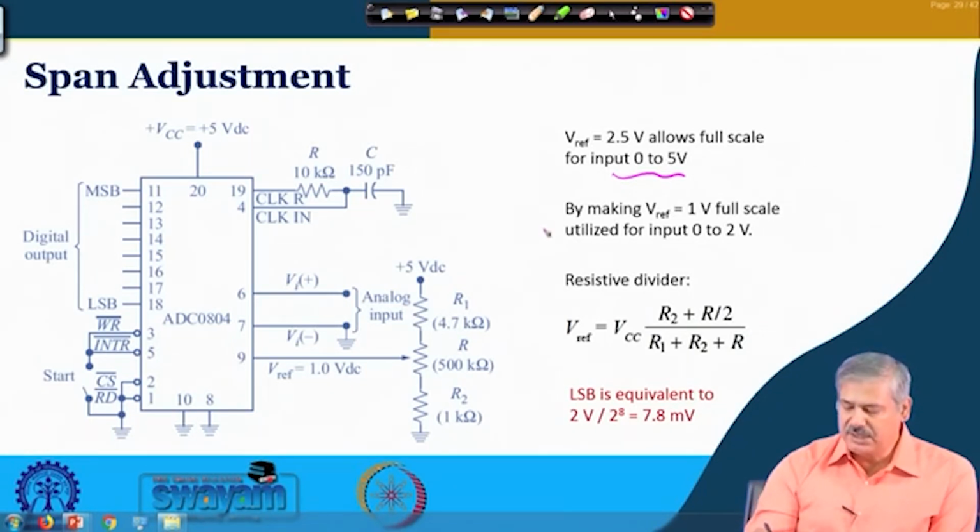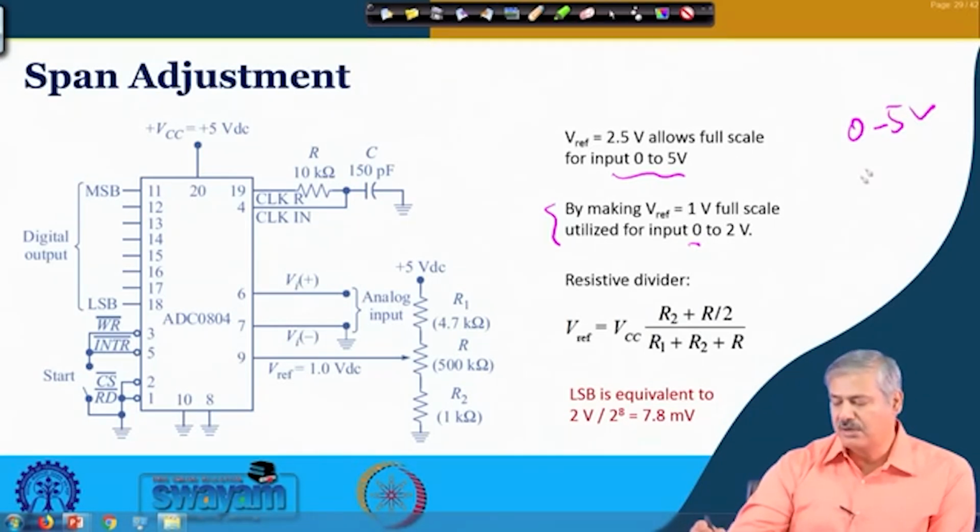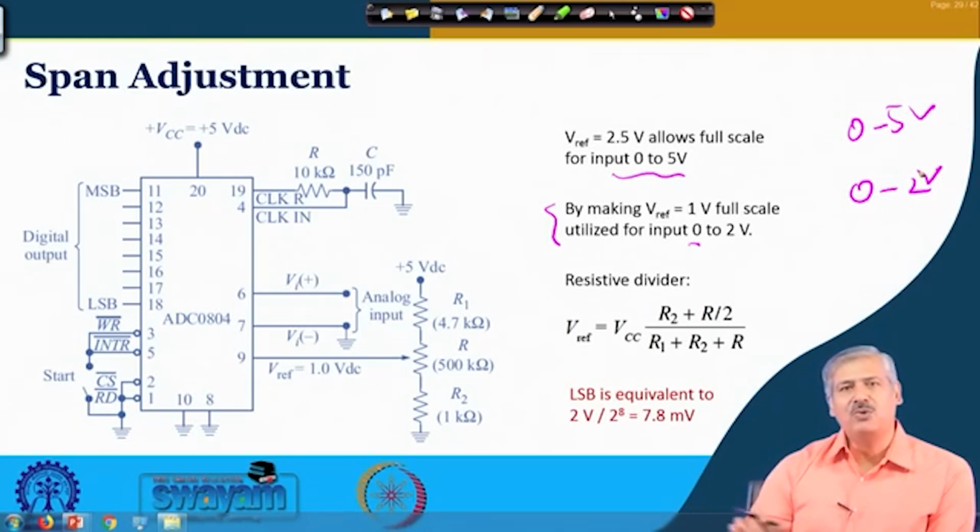Now if you make this V reference 1 volt, then the full scale becomes 2 volt and the lowest value remains 0 volt. So the span which was 0 to 5 volt now becomes 0 to 2 volt. All 1 is now 2 volt. Earlier all 1 was 5 volt, now all 1 will be 2 volt.